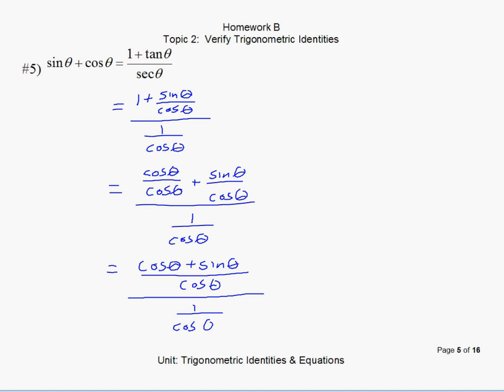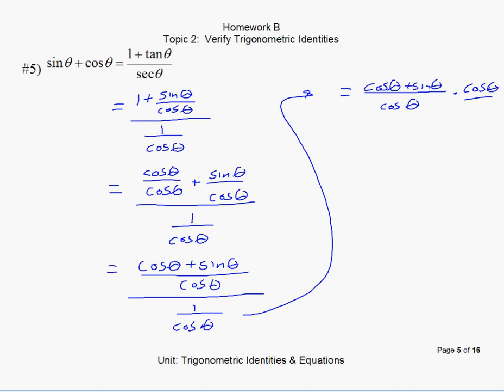Both the numerator and denominator are simplified. Take the denominator, reciprocate it, and multiply it by the numerator. So I flipped over 1 over cosine to cosine over 1. Notice the cosines cancel. You're left with cosine of theta plus sine of theta. Using the commutative property, we can make it sine of theta plus cosine of theta, which is the same thing that the left side is.